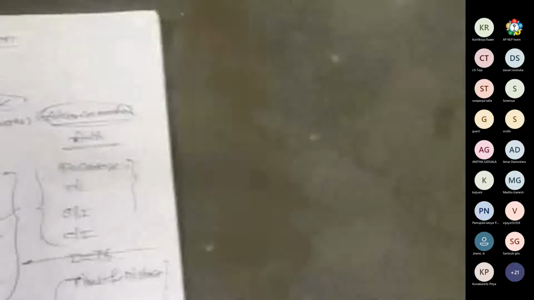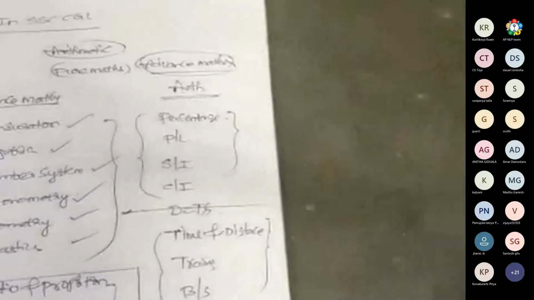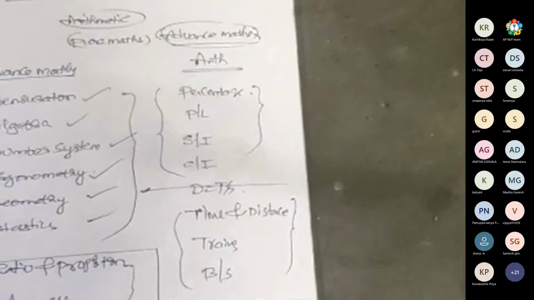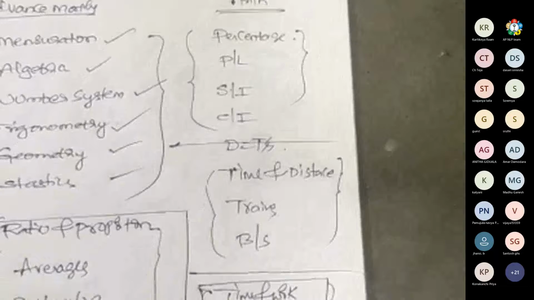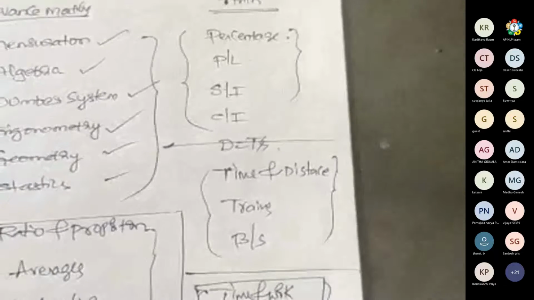See, presently questions are coming from mensuration, algebra, number system, trigonometry, geometry, statistics.